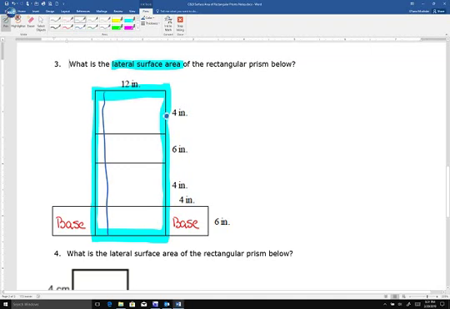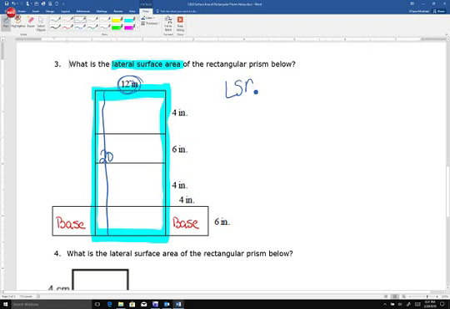So we have, let's see, 4, 6, 4, and I think that's supposed to be 6. So we have 10 and 10 is 20, so the length of this one is 20. It has a width of 12.